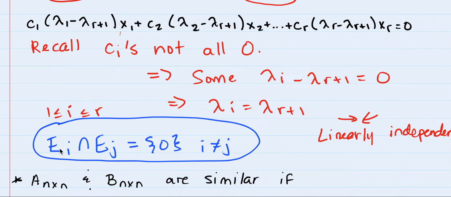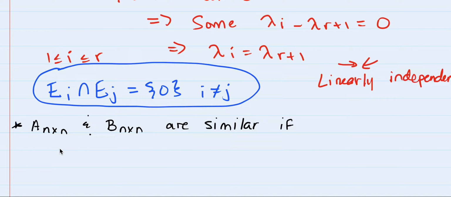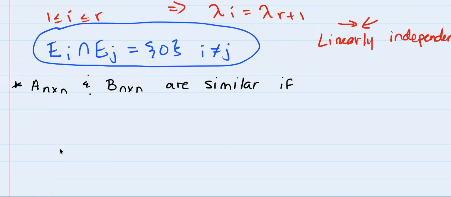All right, let's move on. Recall that we said two matrices A and B are similar if one of them can be written as the other times an invertible matrix on the back and the inverse of it in the front.